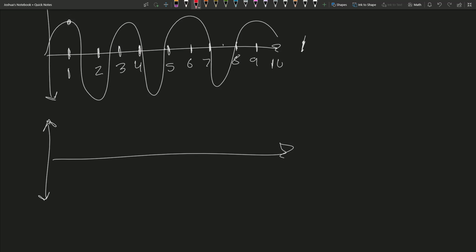I'm going to take a sample here, here, here, here, here, here, here, and here. Then what I'm left with is this little digital signal here.